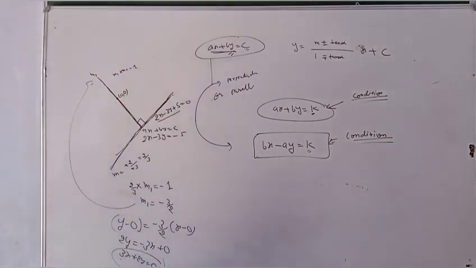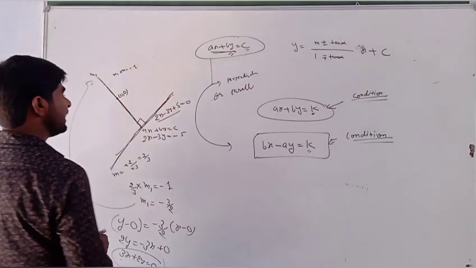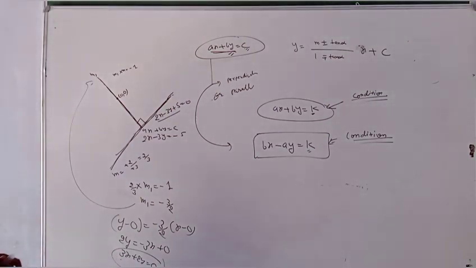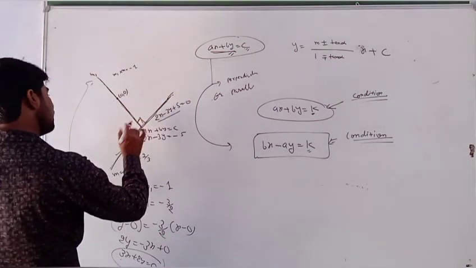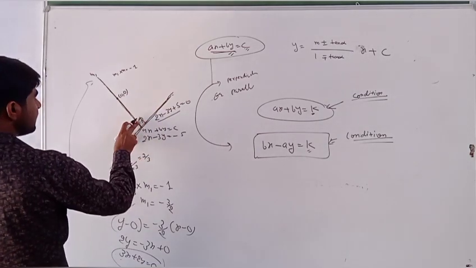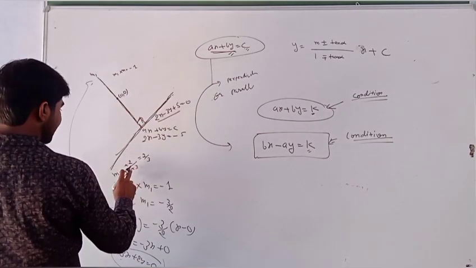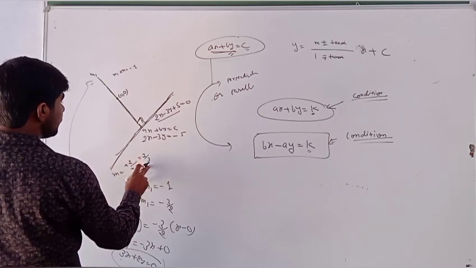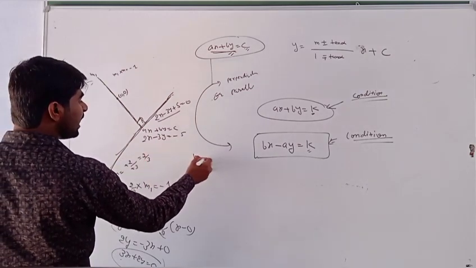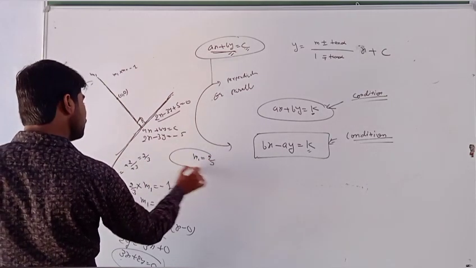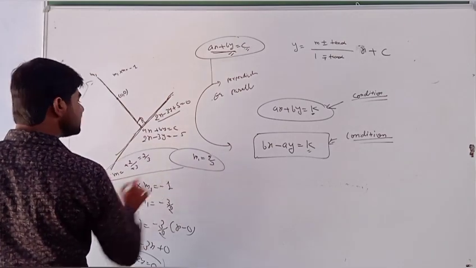Okay. Same if you want to find the parallel line, then m will be 2/3 and m1 will also become 2/3 because both lines are parallel and have the same slope.